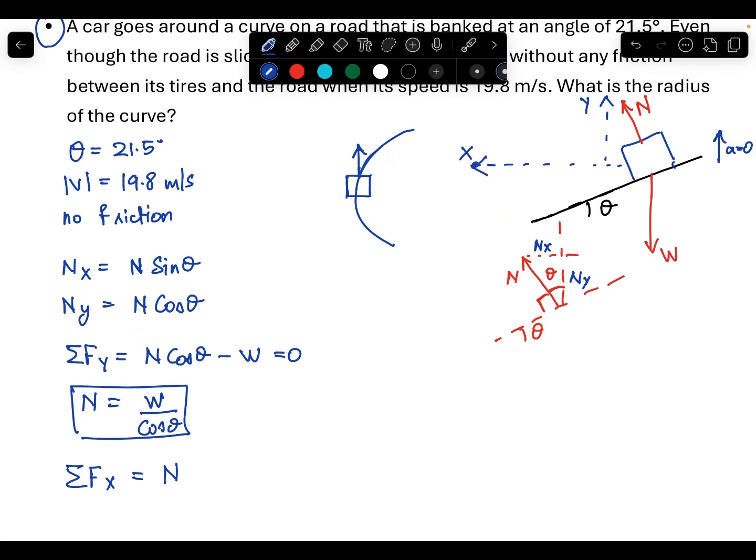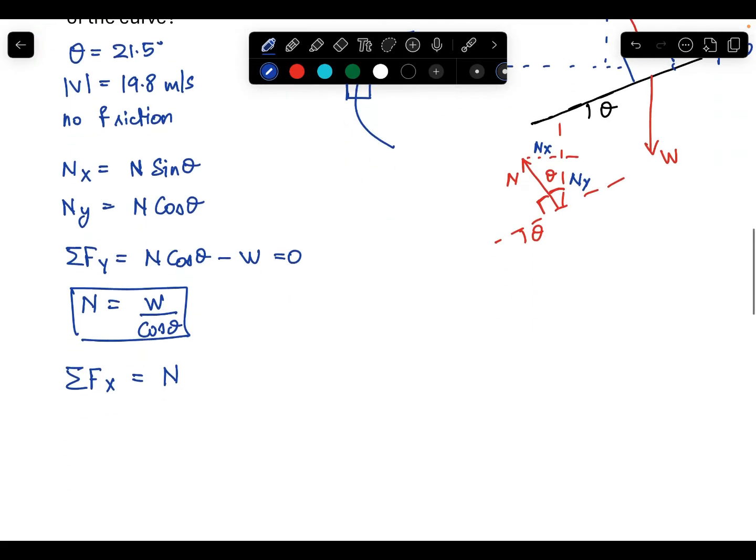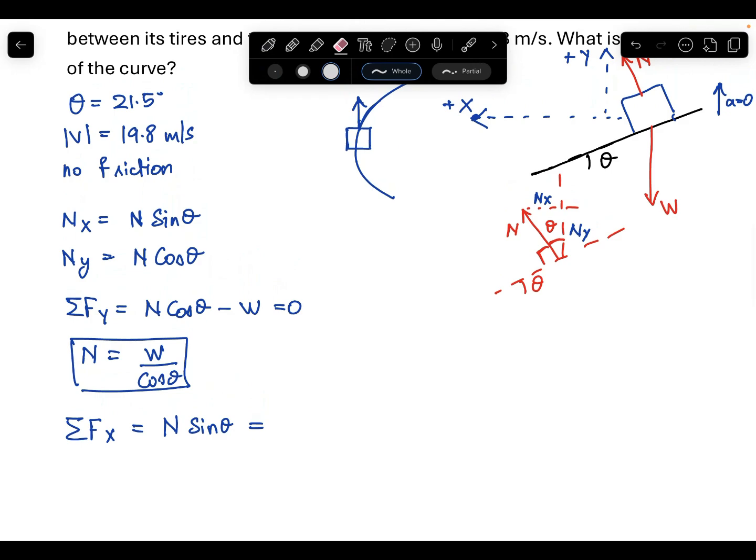And then performing summation of forces in the x direction, considering this direction as positive, N sine theta is equal to, now there has to be an acceleration in the positive x direction, because the car is moving in a circle. This will be m times AC.